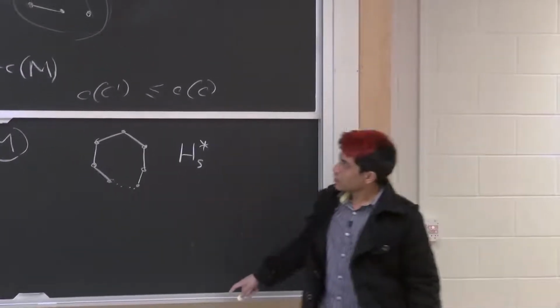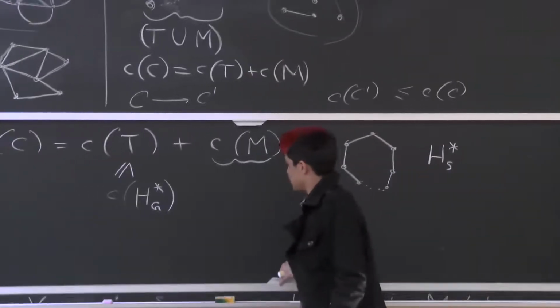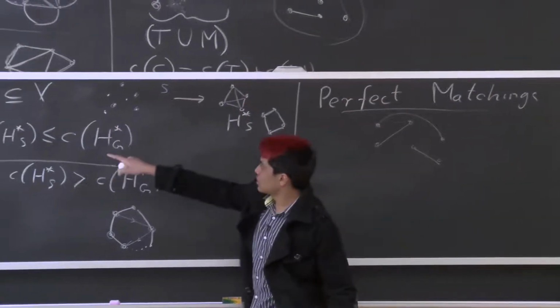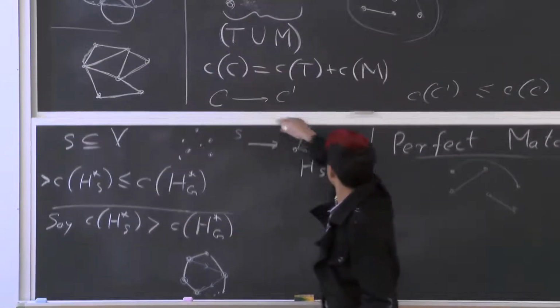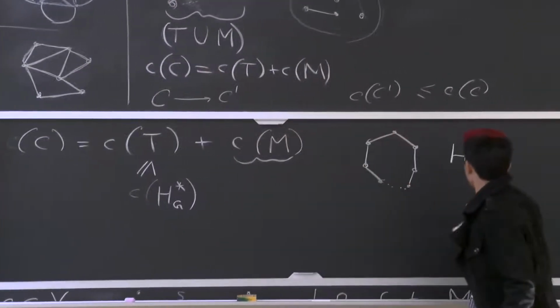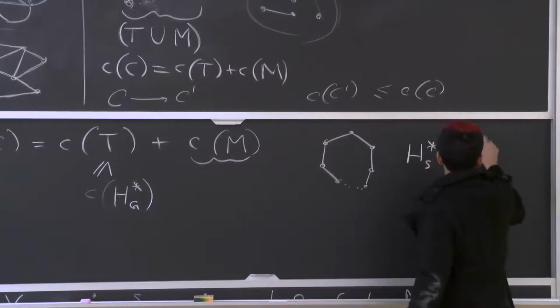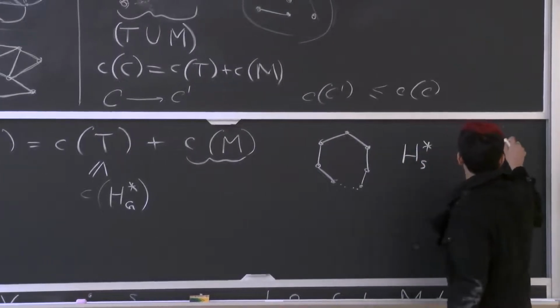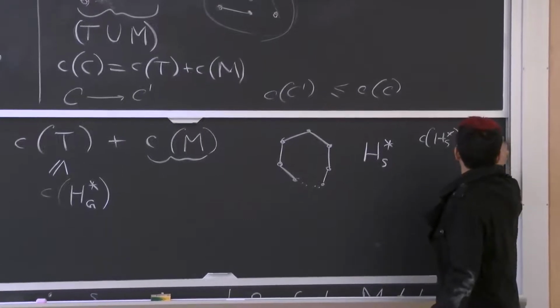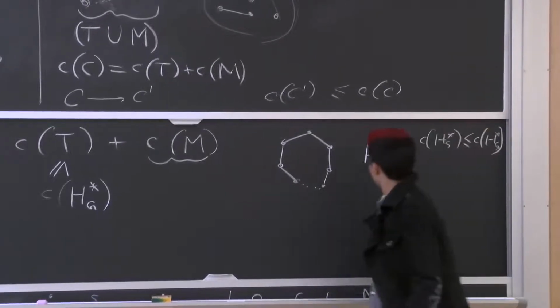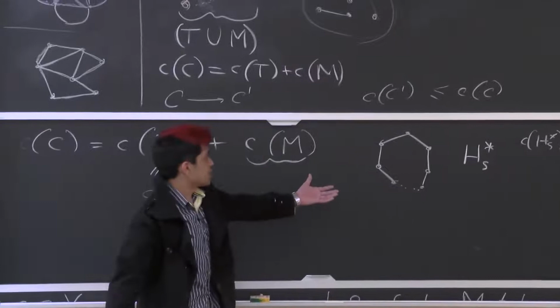From our previous lemma, which is down here, we know that h star of s is less than h star of g. So we know that cost of h star of s is less than or equal to cost of h star of g. So now let's look at h star of s.